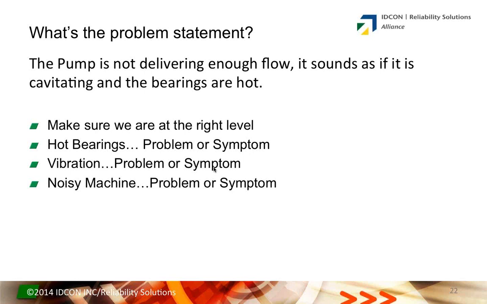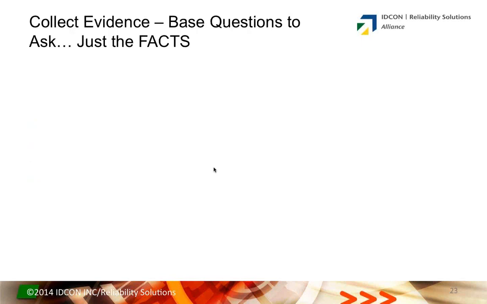What really matters is it's not delivering enough flow. And in fact, the other two items are probably symptoms. A hot bearing is really a symptom of something else. The hot bearing could be a symptom of the cavitation. So we've got to make sure when we write our problem statement that we're writing it about one item and one problem. Don't try to build too many symptoms in there.